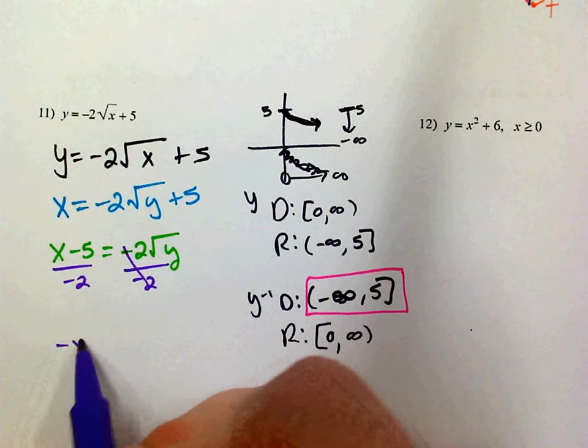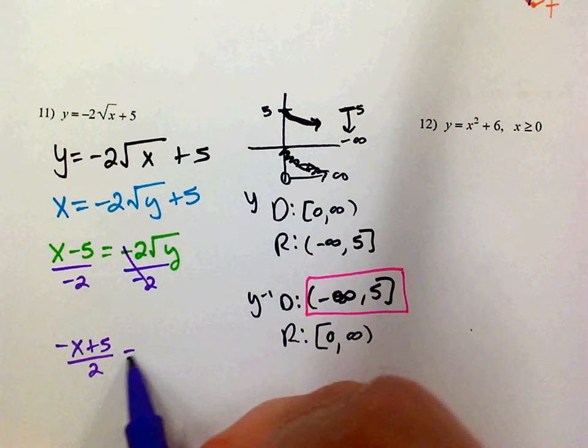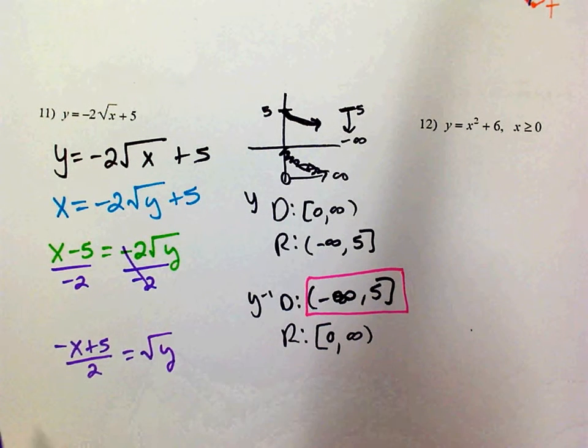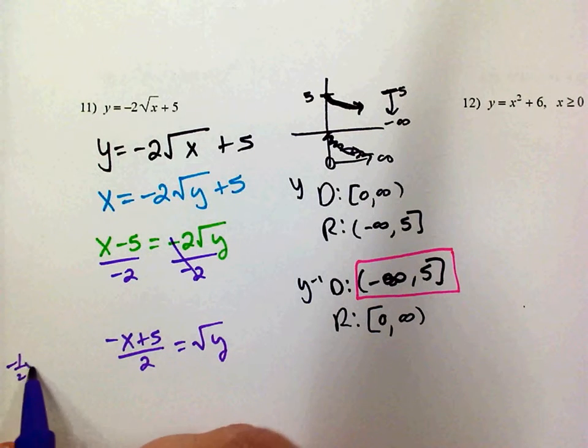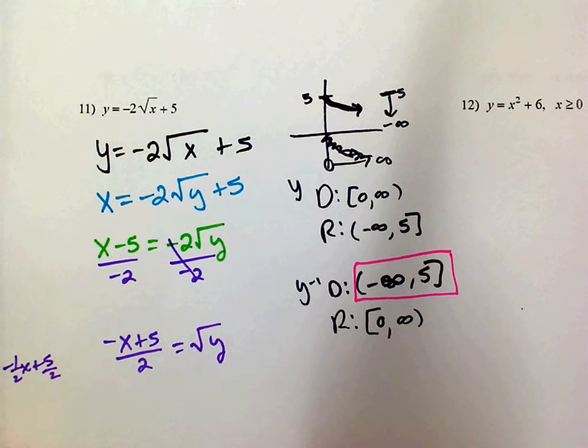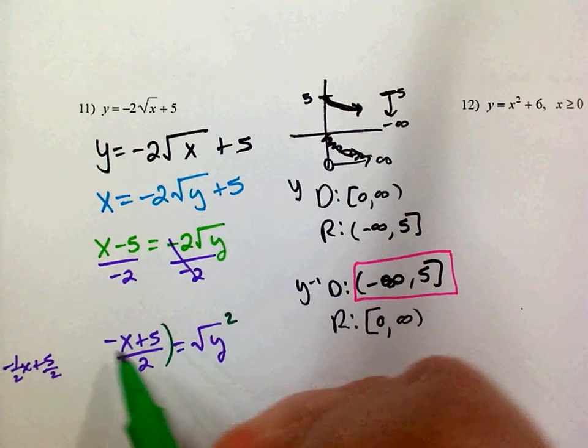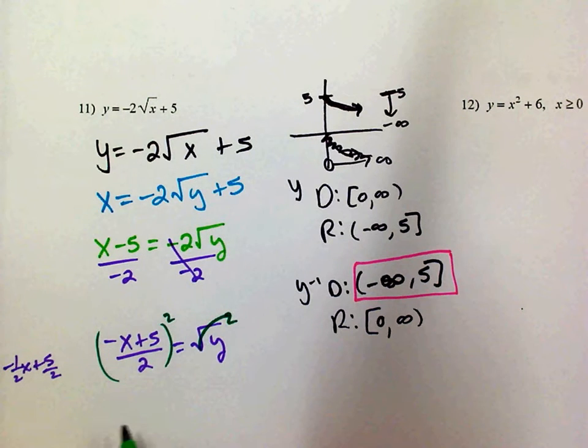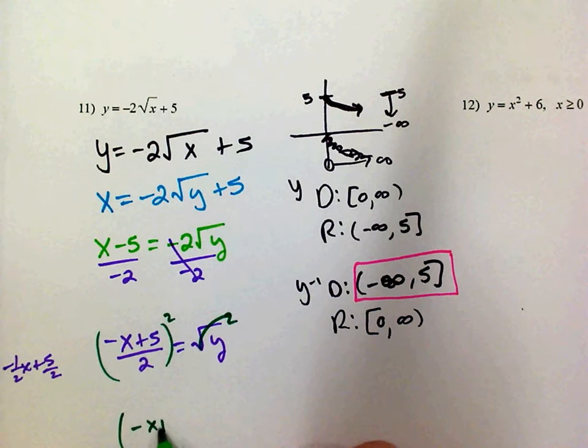Also could be written as negative 1/2 x plus 5x if you want to. And then I want to get rid of the square root, so I square both sides. So negative x plus 5 over 2 quantity squared equals y inverse.